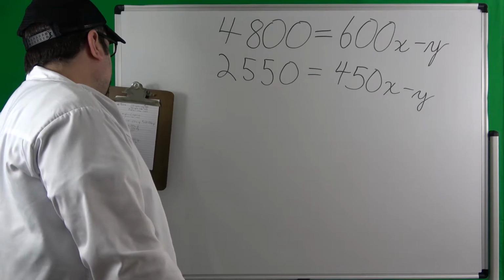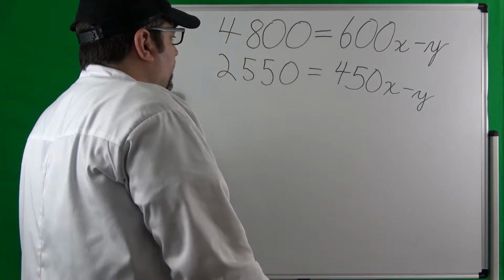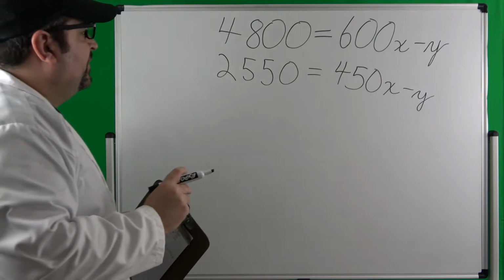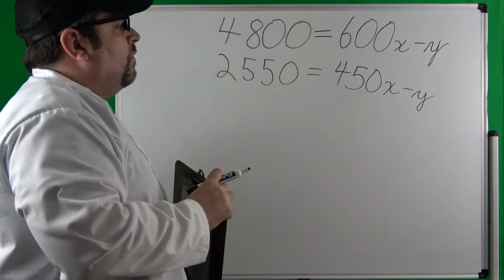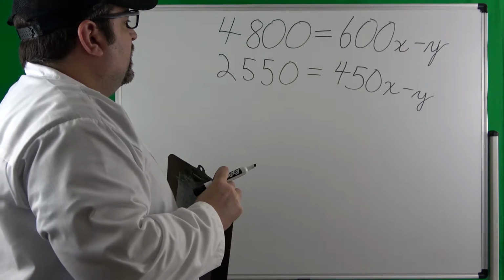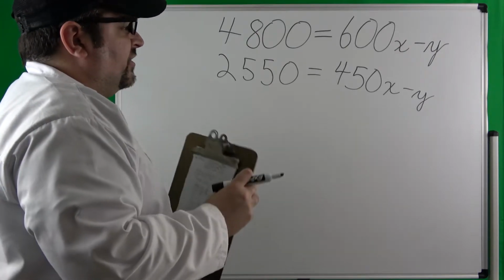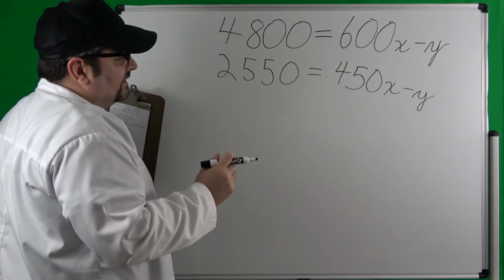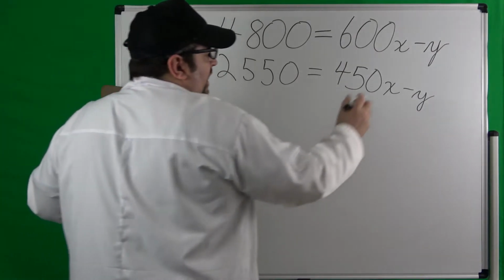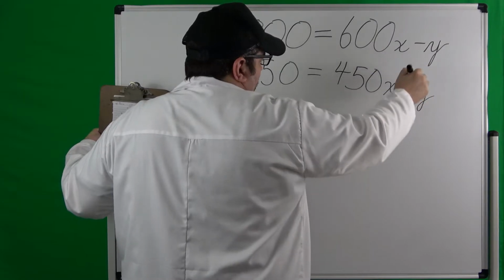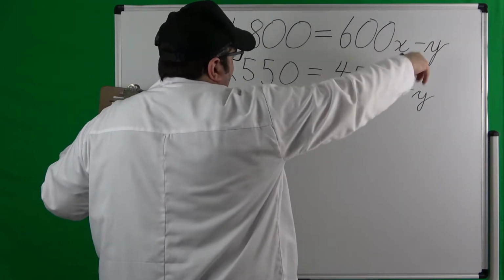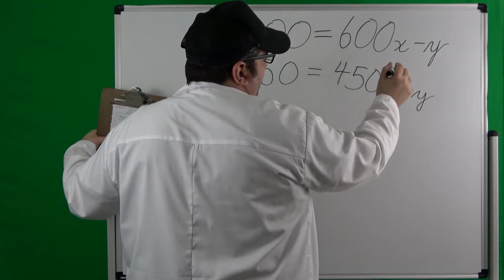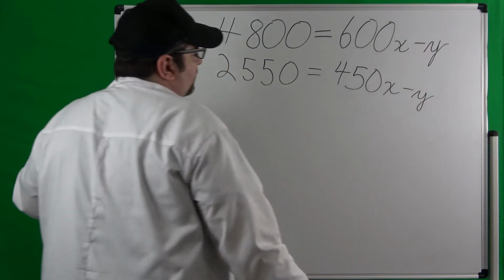Okay, this is a system of equations. Now for this one, we're going to use the subtraction or addition method. And to do that, the easiest way, it appears, is to cancel out both the Y's. So how do we turn this Y into a positive so they'll cancel?